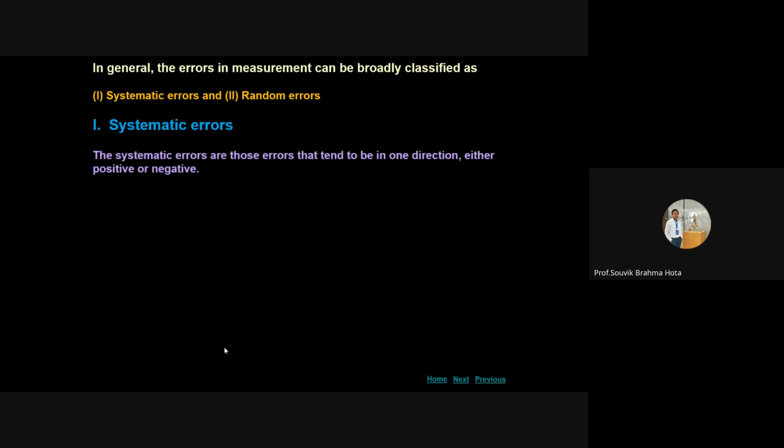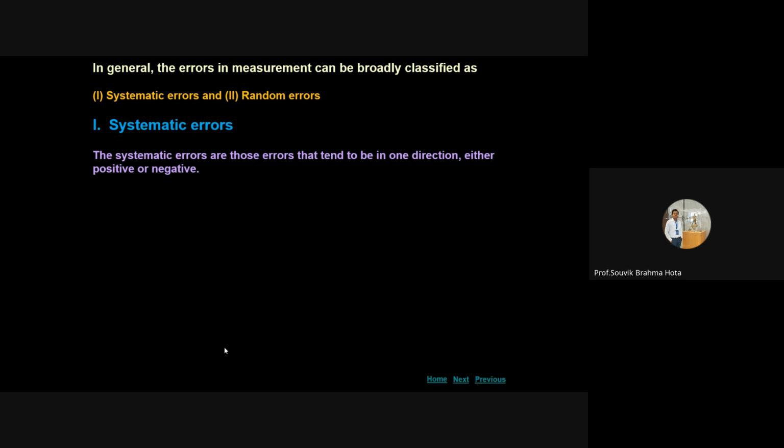Okay. Now, errors in general can be systematic error and random error. Systematic error can be positive or negative. Suppose you want to measure 5.5, and you get 5.6, so plus 0.1, or you get 5.4, so minus 0.1.